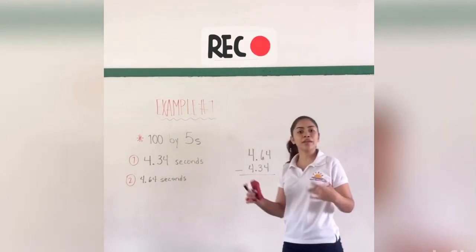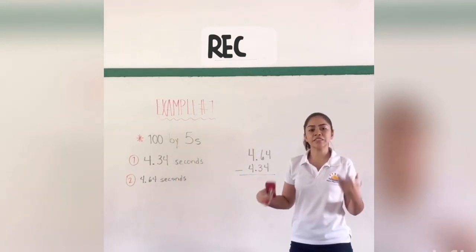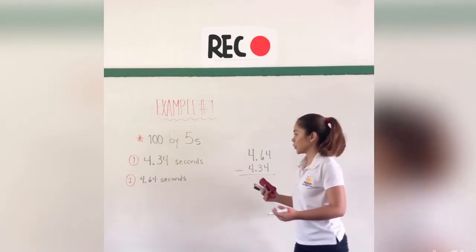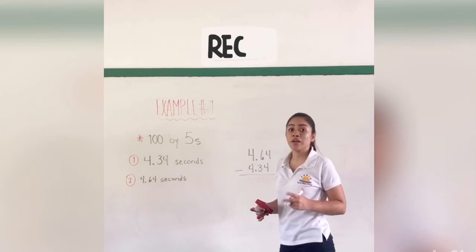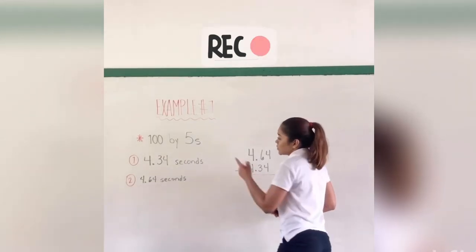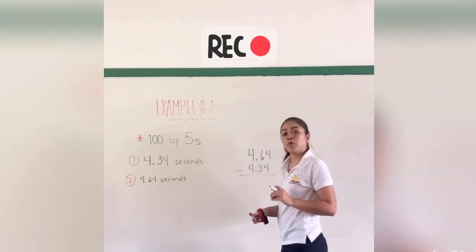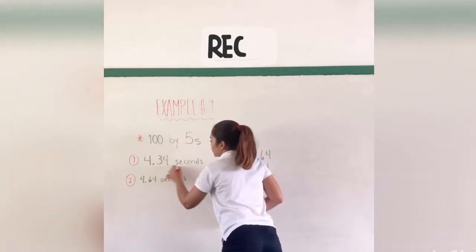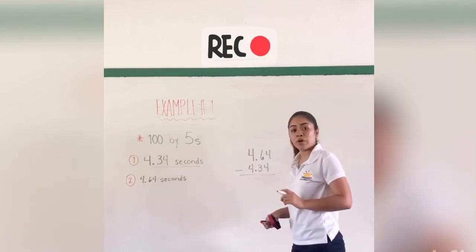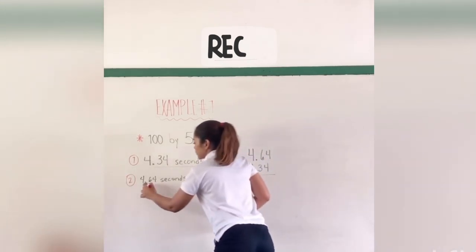This means he will count like this: 5, 10, 15, 20, 25, and so on. So, he got 2 incredible results. Not even I can do that. His first result was 4.34 seconds, and the second one was 4.64 seconds.